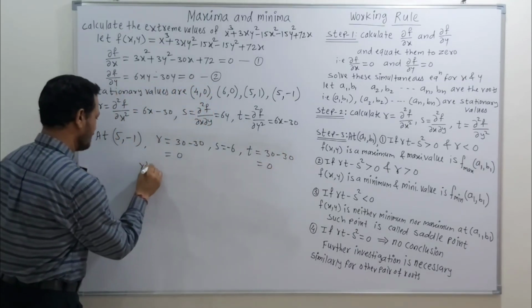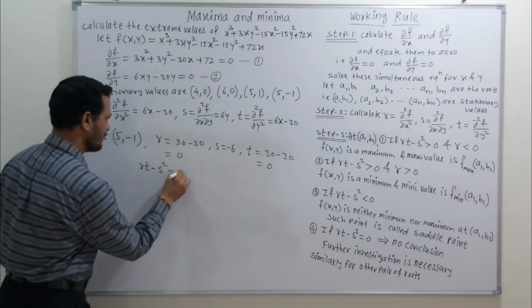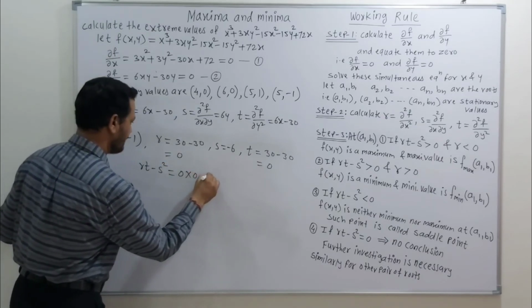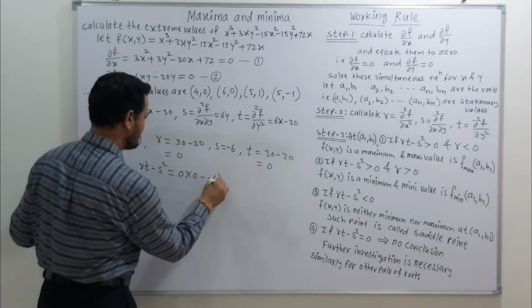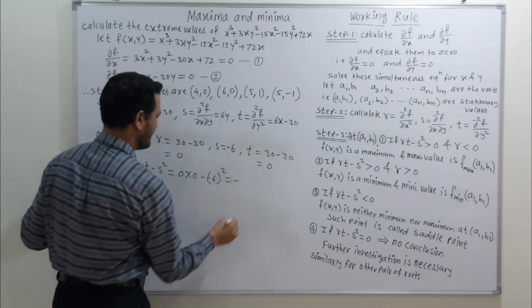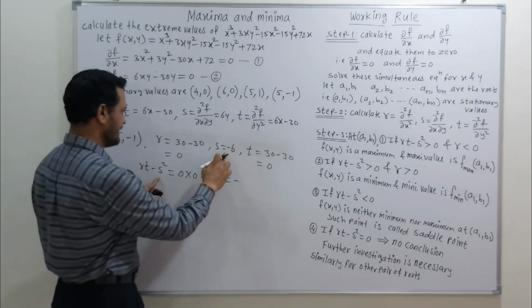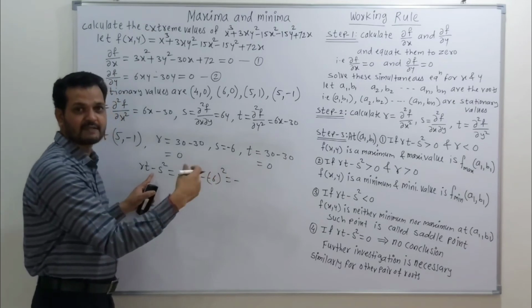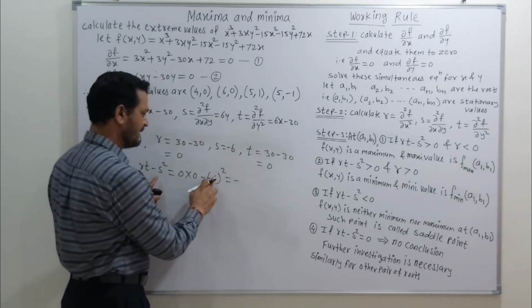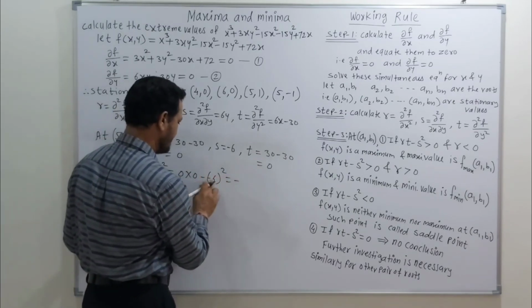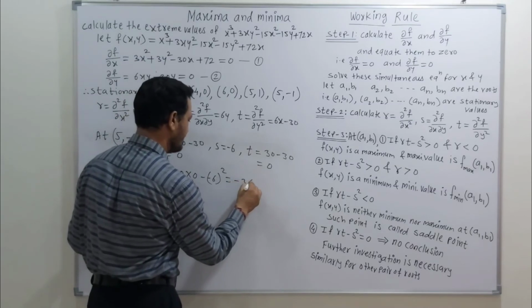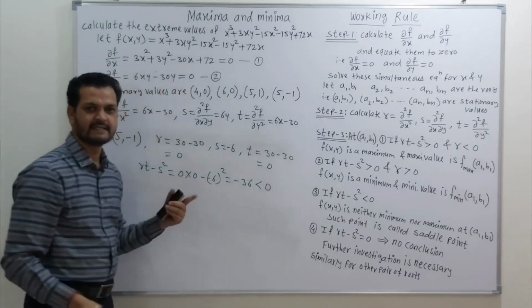If we try to calculate the value of rt minus s square, then this is 0 into 0 minus 6 its square. So this is minus 6 square, which is minus 36. Again this is less than 0.